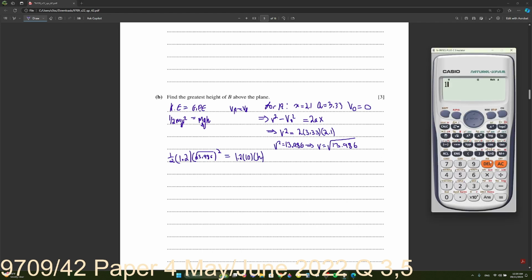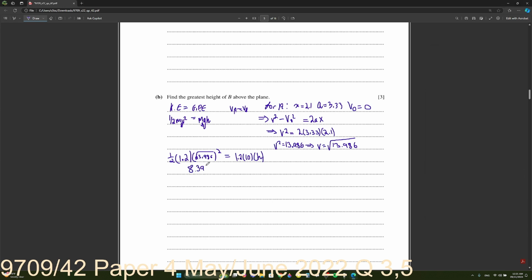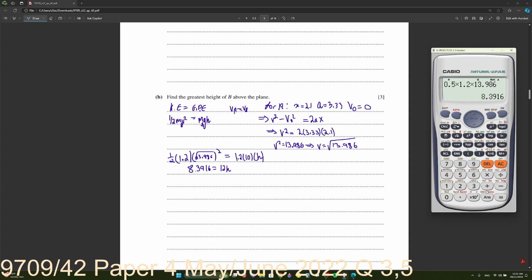So you're going to get half, so 0.5 times 1.2 times 13.986. Why am I not multiplying by radical squared? Because the radical cancels with the square. So you're going to get 8.3916, which is equal to 12h. Divide now by 12, you're going to get 0.6993.